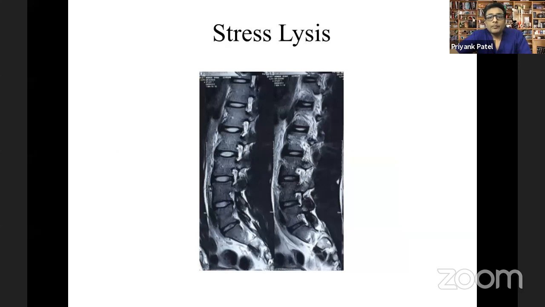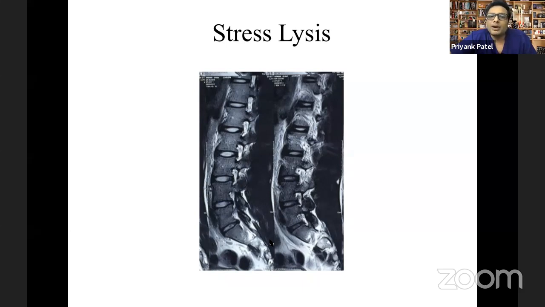There are other conditions also which can be identified on an MRI. A few of them are lysis. If you don't know, lysis is where the pars breaks, because of which the spine becomes loose and starts moving. Lysis is not something that can very easily be seen on an MRI. In lysis, the pars area breaks.